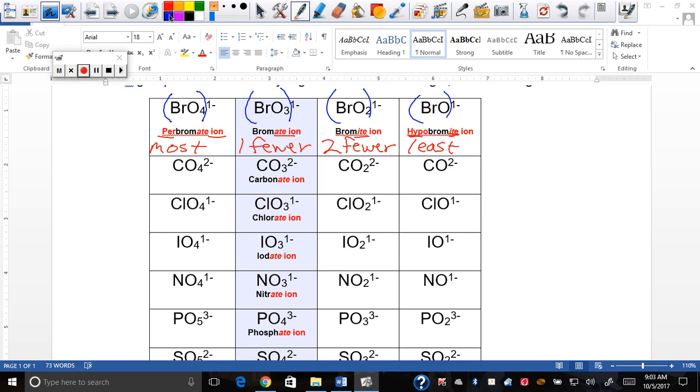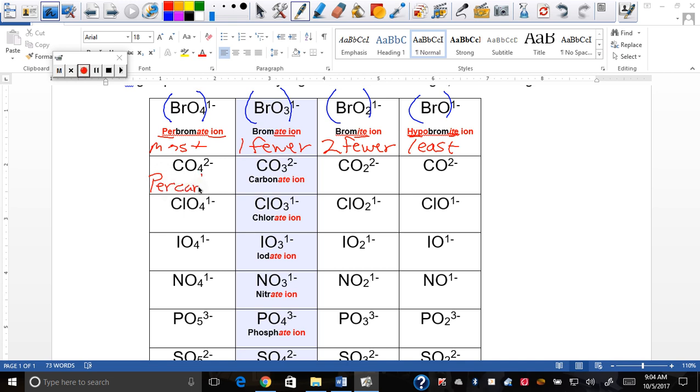So if we were to name this first one, Ryan, how do you think we would name that first one? If this column is called carbonate right there, what would that first one, CO4 2 negative, be called? Well, this is carbonate, so we should call this first one percarbonate.